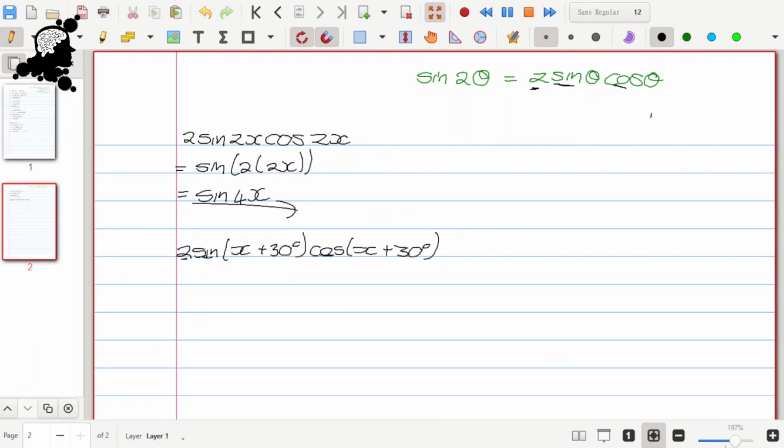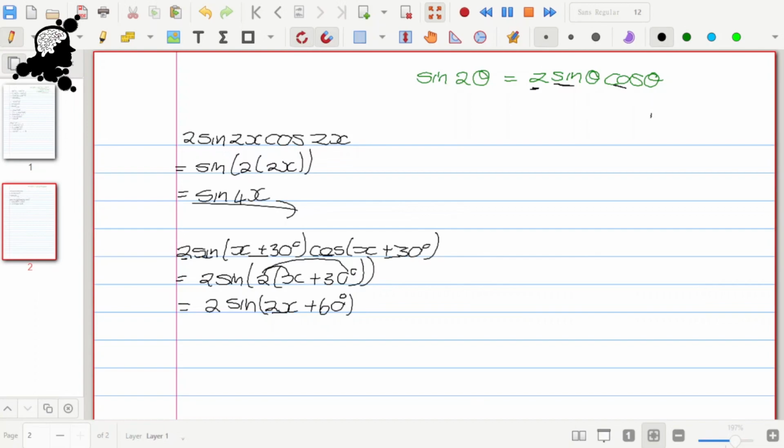Our angles are the same, x plus 30, so we've got matching angles. So I could say this is the same as sine of 2 times (x plus 30 degrees). When we simplify this, we get sine of (2x plus 60 degrees). For those of you who don't understand how I did this, I multiplied 2 times x, which gave me 2x, then 2 times 30 gave us 60 degrees. And there we are, we have answered the question.